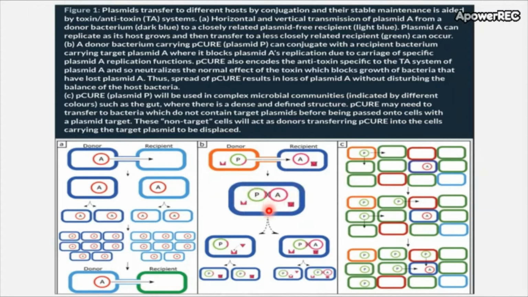And so when this bacterium has progeny cells, it doesn't have to retain the plasmid with the antibiotic resistance. Some cells can just contain the P-cure. The P-cure, however, the scientists conveniently left out the antibiotic resistance genes. So some of the progeny of this bacterium no longer have antibiotic resistance.